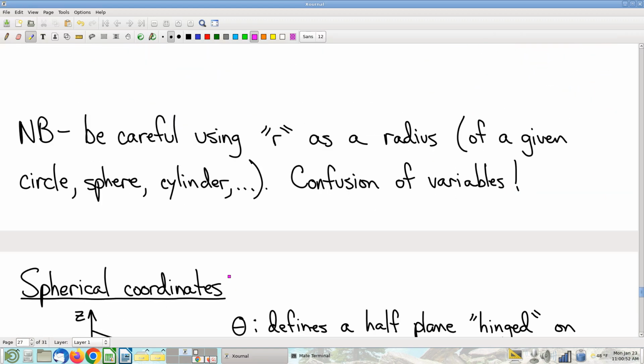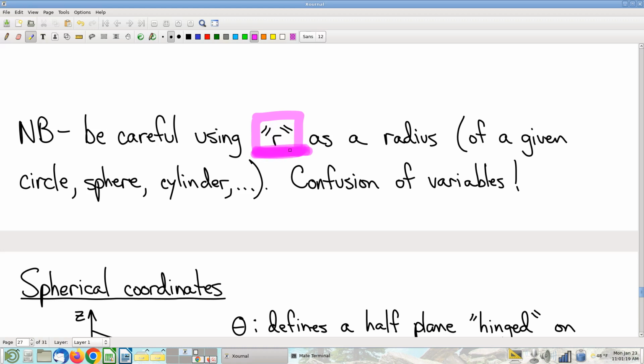Okay. A real quick warning. We are all accustomed to using R, in high school algebra anyway, as being the radius of something. If it's a sphere of radius R, or a cylinder of radius R, what have you. Do be careful about that now, because R is now no longer just a regular letter of the alphabet.